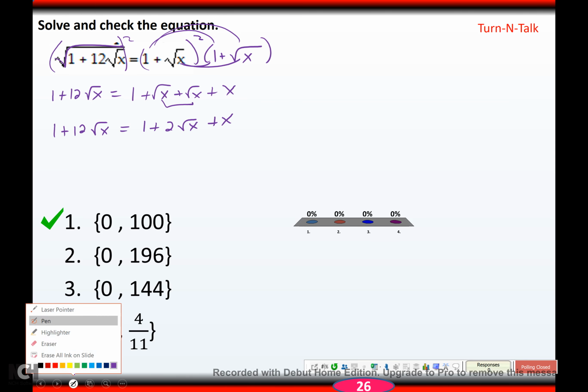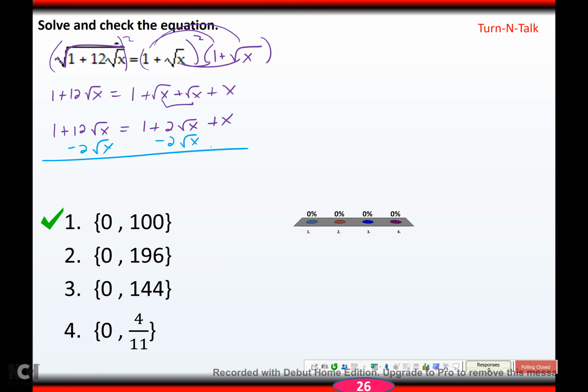I need to get my square roots of x's together, so I'm going to minus 2 square roots of x. I get 1 plus 10 square roots of x equals 1 plus x. Minus 1, minus 1. I get 10 square roots of x equals x.